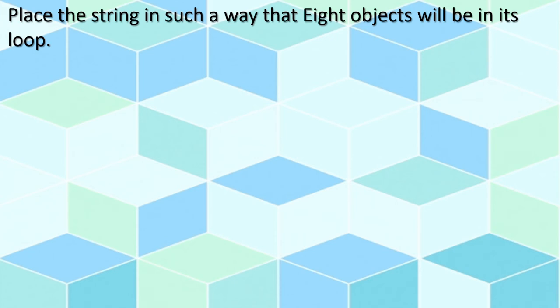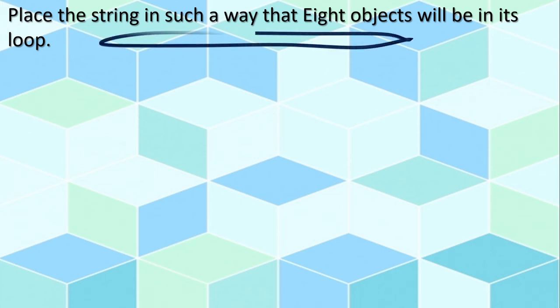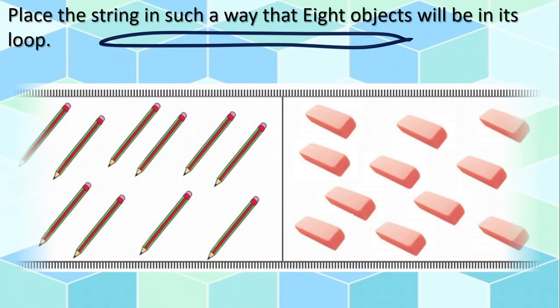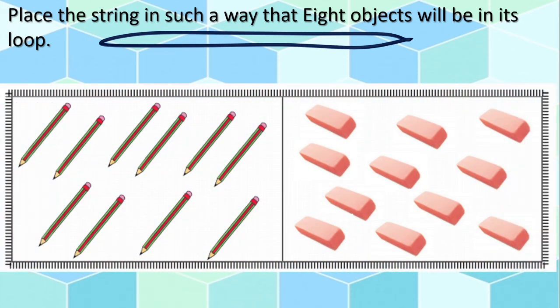Next, place the string in such a way that 8 objects will be in its loop. See, this is our string and we have to adjust only 8 objects from those given below. Here we can see pencils and erasers. How many pencils do we have to select? 8. Any 8. Okay. We will go through.